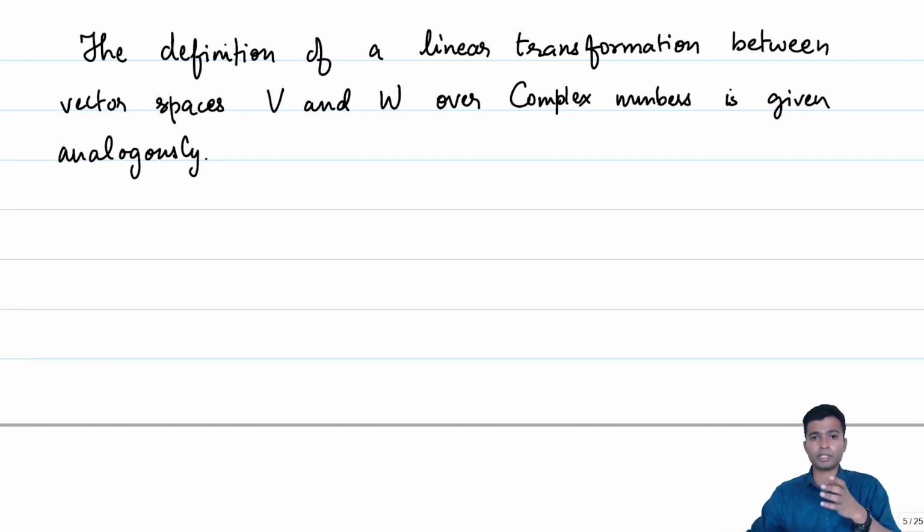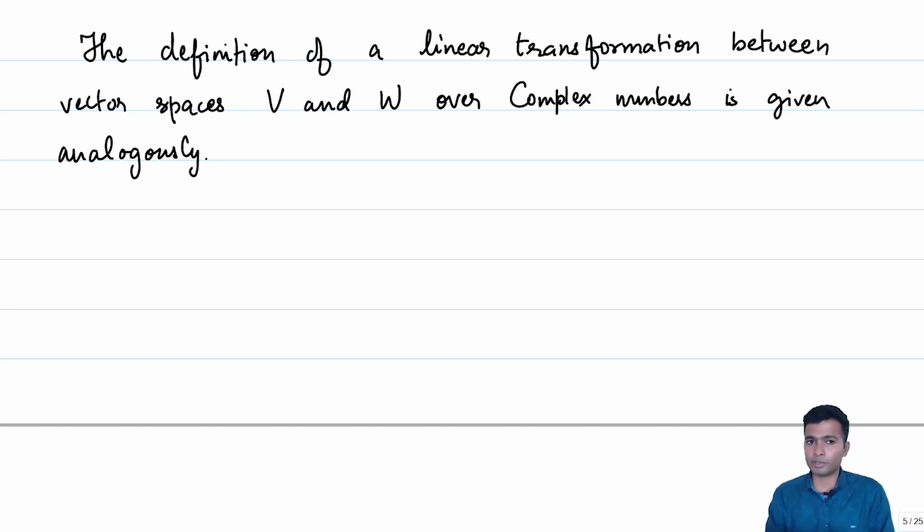The scalar multiplication of a complex number and a vector in W does not make sense. So we cannot even give sense to a definition of a linear transformation from a vector space over C to a vector space over R, or for that matter a vector space over R to a vector space over C.